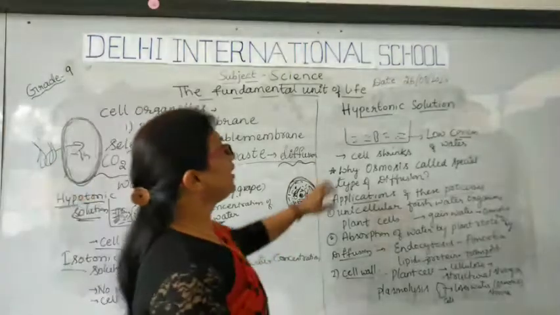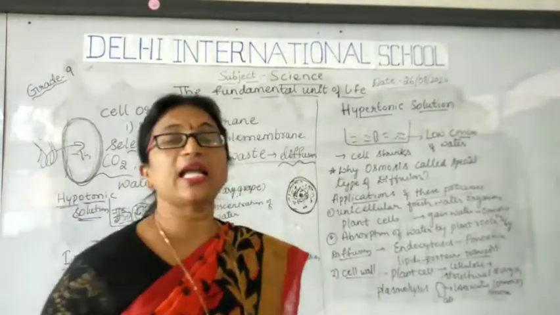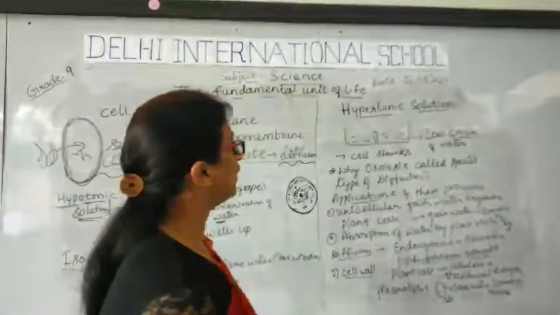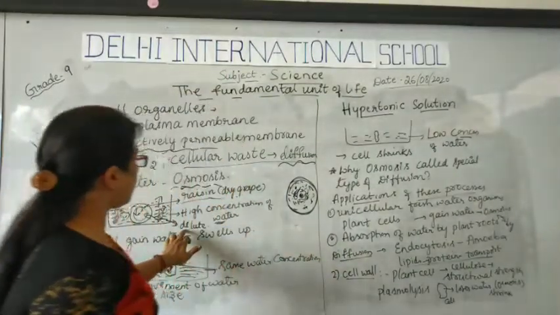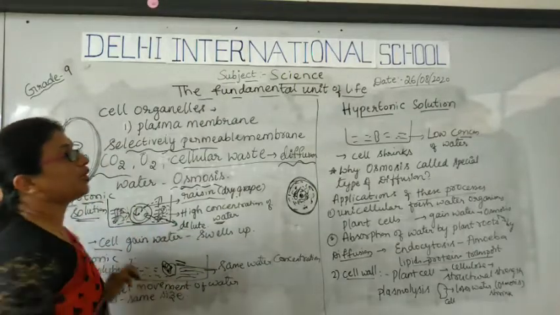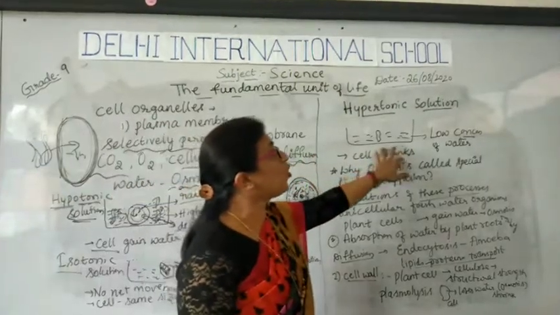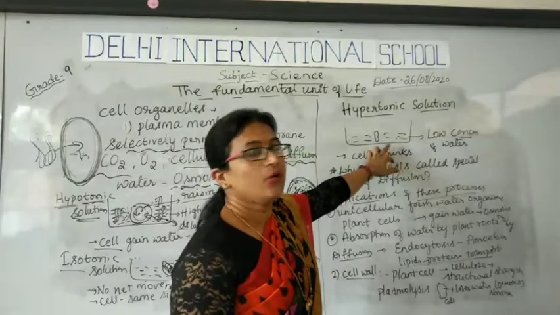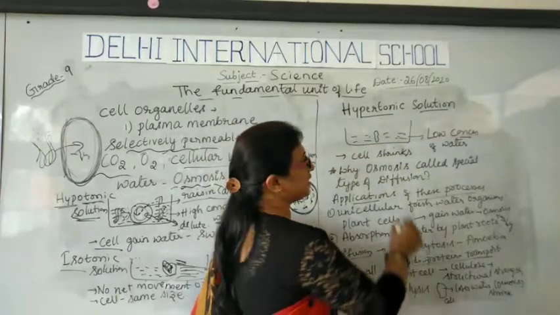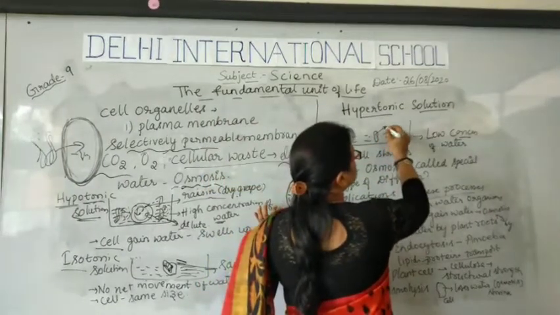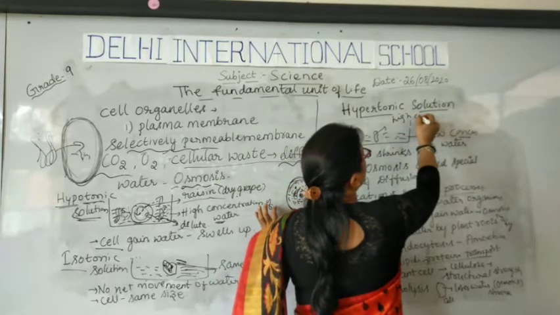So then when I take a hypertonic solution, that means here, dilute water I took, that's why it is called hypotonic. Hypertonic means very low concentration of water outside. Very low concentration of water is here and the cell has a high concentration of water.